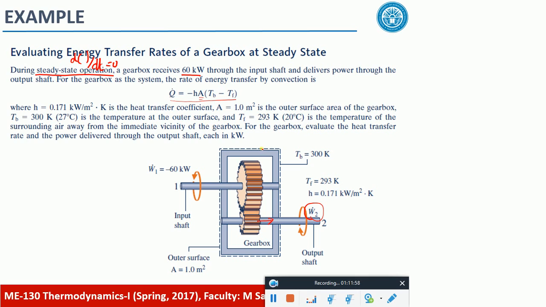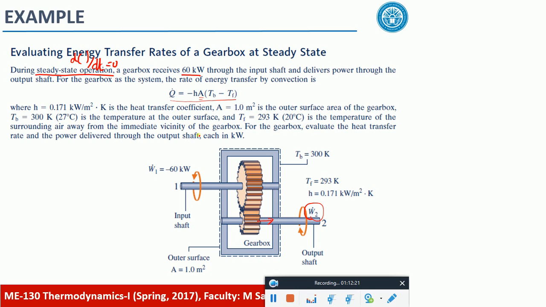T_b is given to you, the temperature at the outer surface, which is the body temperature. T_f is given to you, right? T_f means the temperature of the fluid outside the system. For the gearbox, evaluate the heat transfer rate and the power delivered through the output shaft.